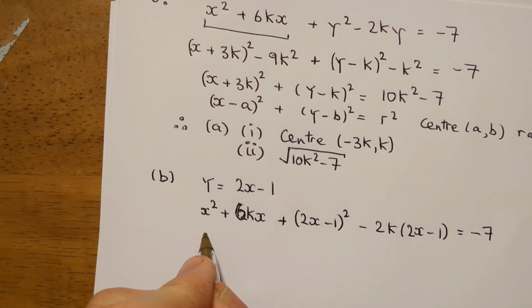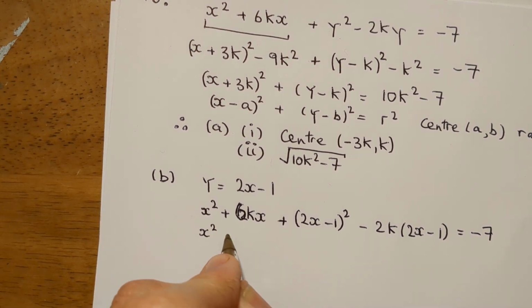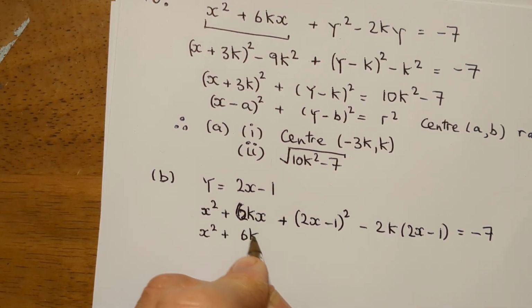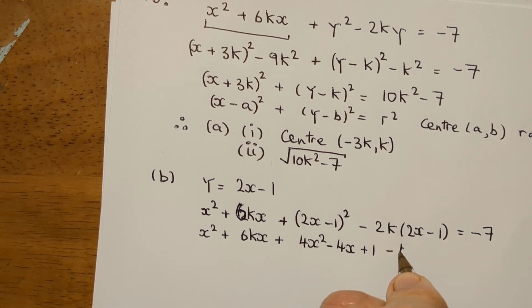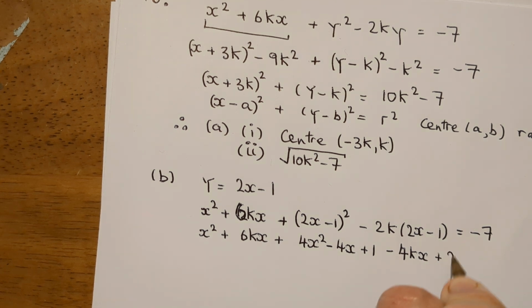Then we get x squared plus 6kx plus 4x squared minus 4x plus 1 minus 4kx plus 2k plus 7 equals 0. I'll bring the 7 back.